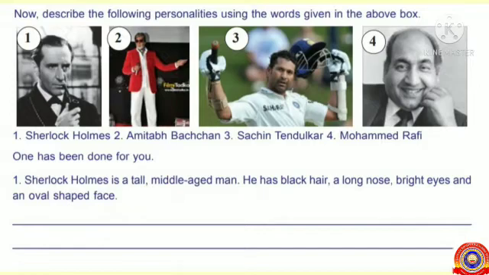He has black hair, a long nose, bright eyes, and an oval-shaped face. Students, these two sentences tell about his physical features. So you can do it as homework. All of you go through that table and try to do this activity, okay?